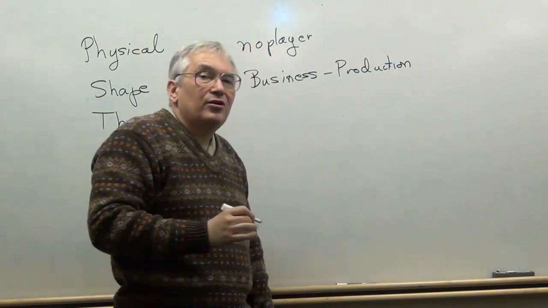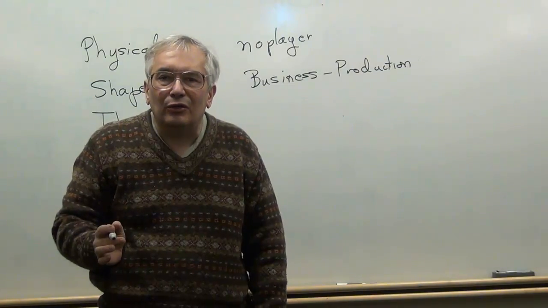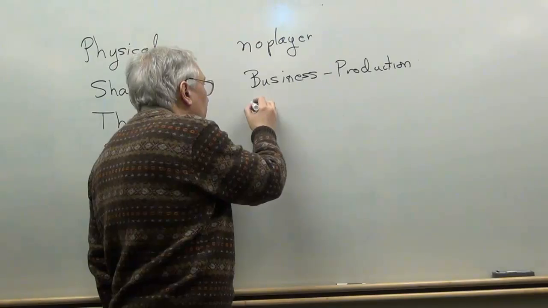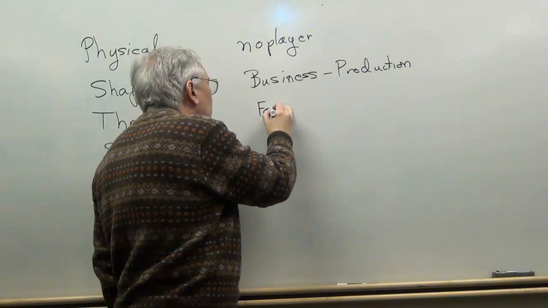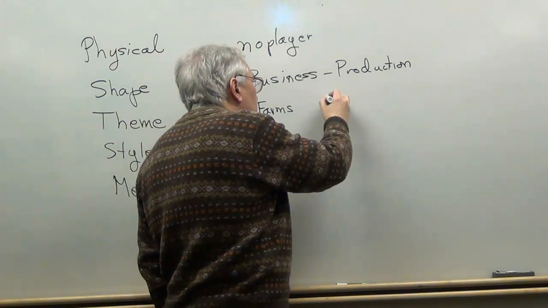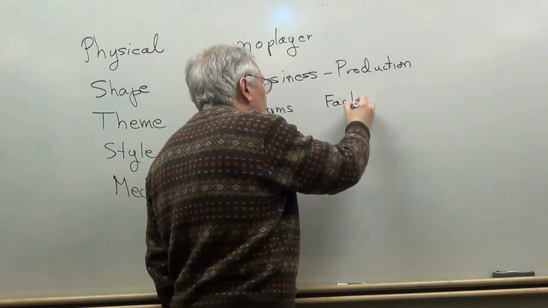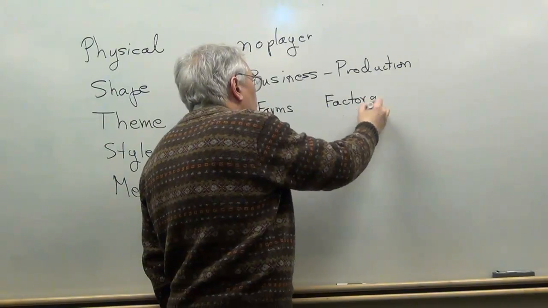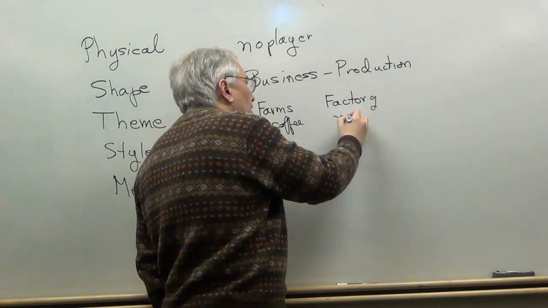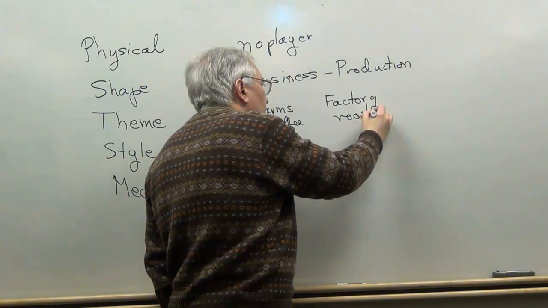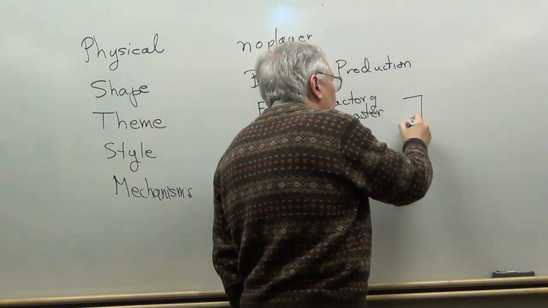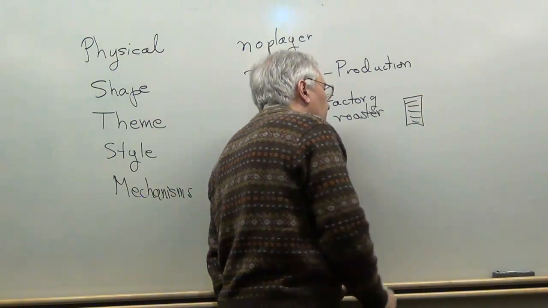Now, some of the production elements are actually illusory. That is, if you have worked through the rules, you discover you have to have farms. They're actually called plantations. And the farms produce goods that are sent through factories, loosely speaking. So you have a farm that grows coffee beans, and you have a roaster that roasts the beans, and in the end you end up with a barrel of coffee.